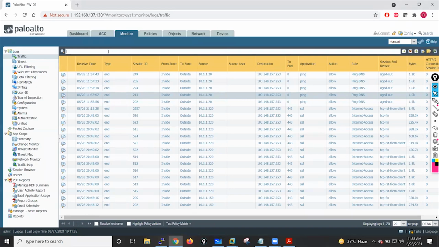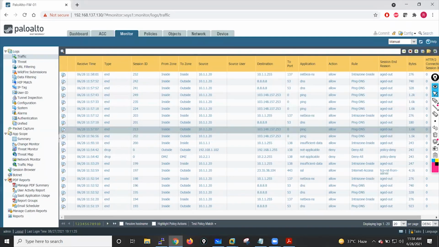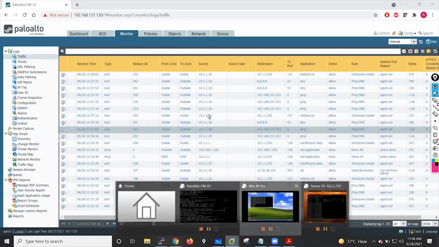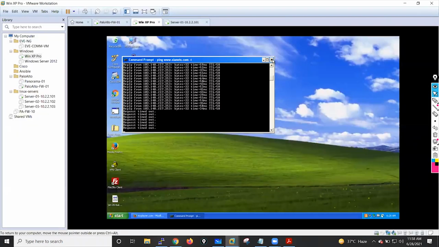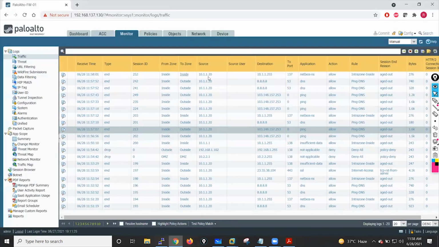If I go to my machine, inside, see, the ping has stopped working, right? Because I don't have anything. Now if I refresh my firewall, I will not see any kind of drop for this particular IP address.